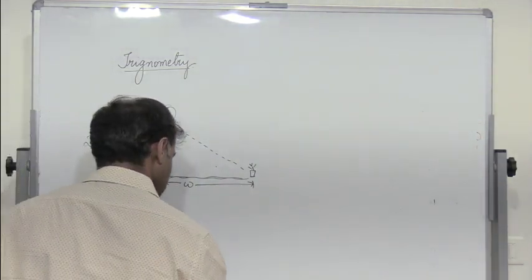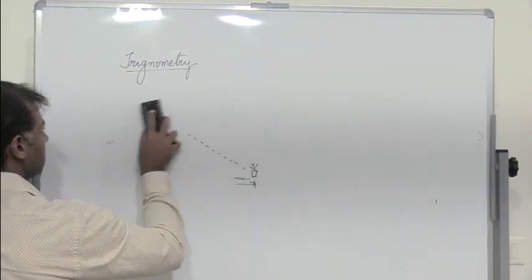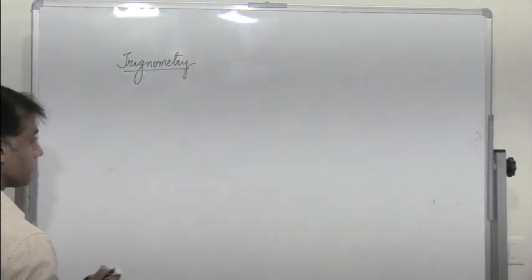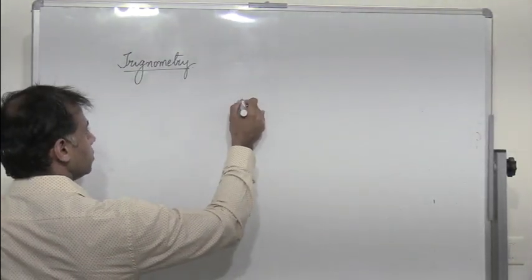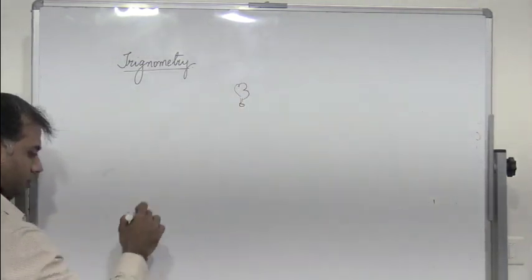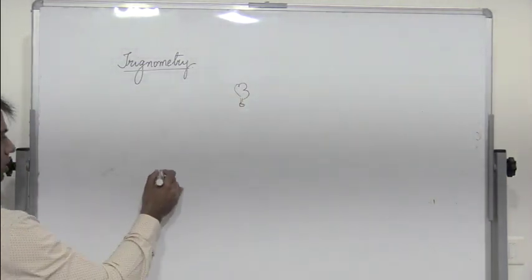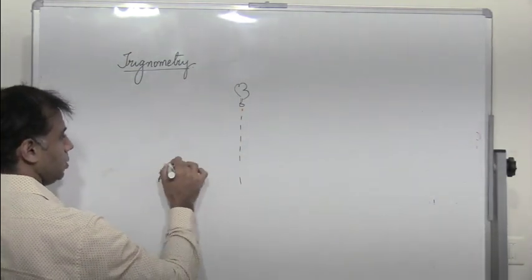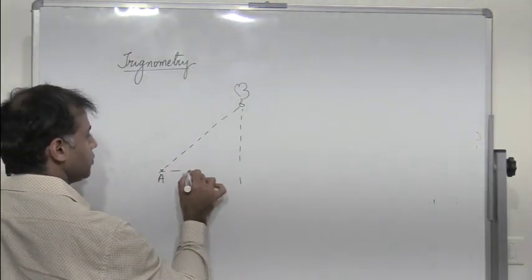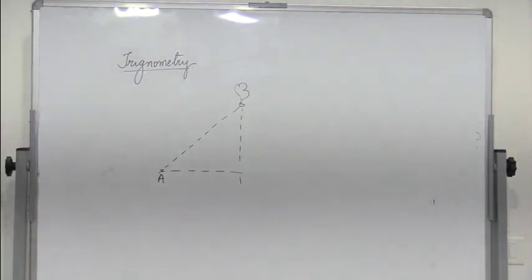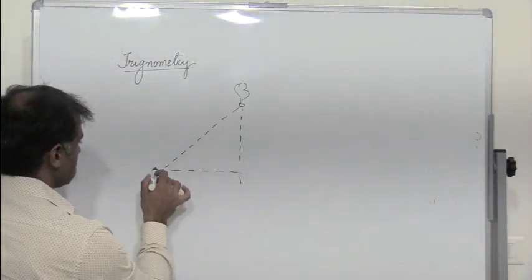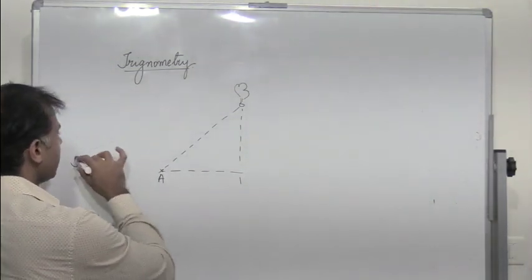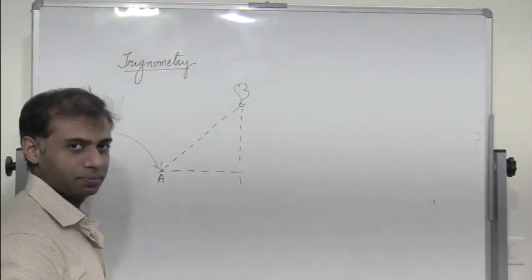So there is another interesting example which says that there is a little girl who finds an air balloon. So there is a little girl here standing at point A who finds an air balloon. So again this forms a right angled triangle. So what does she do? She goes and calls her mom and comes back to the same place, right?